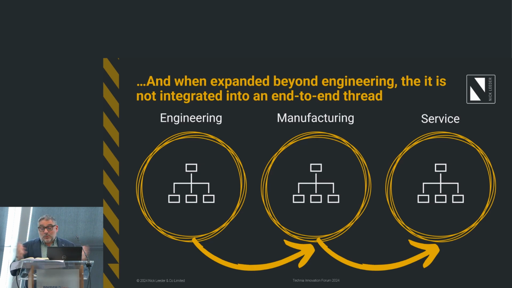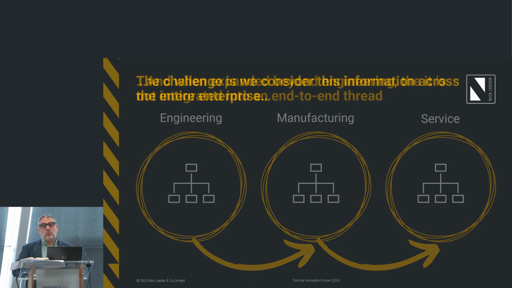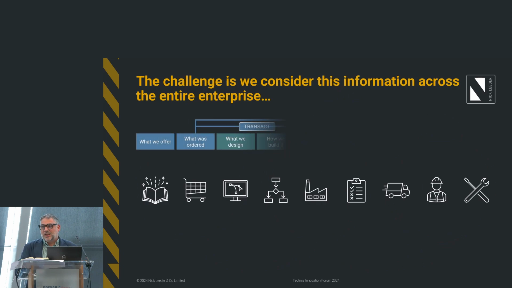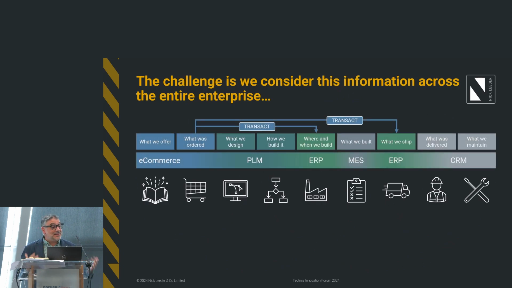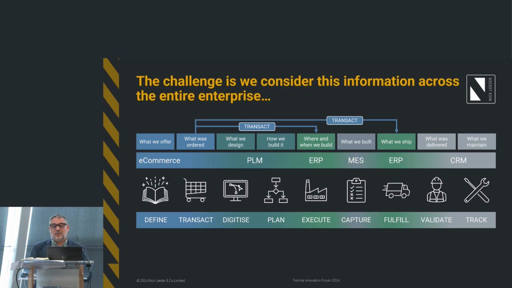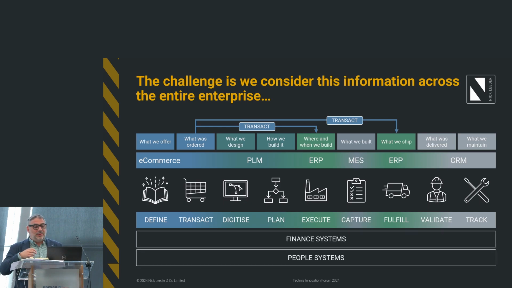So what I do is help companies start to think about, well, what does this look like? What does it mean from an organization in an integrated and connected way? So we start thinking about this digital thread. First of all, we think about the processes.